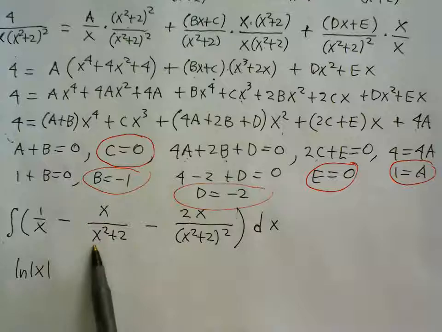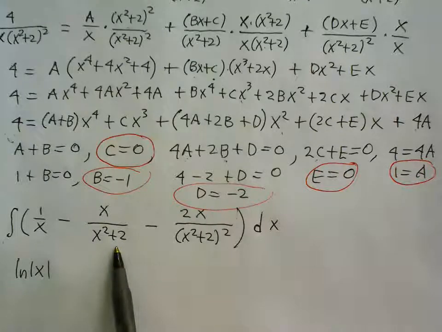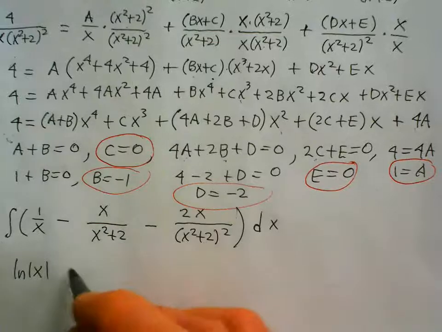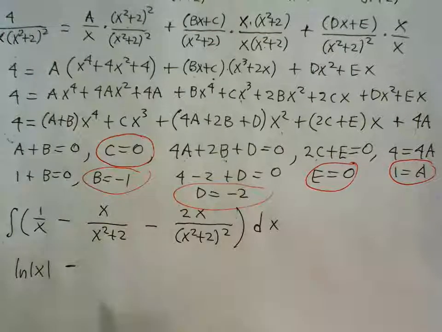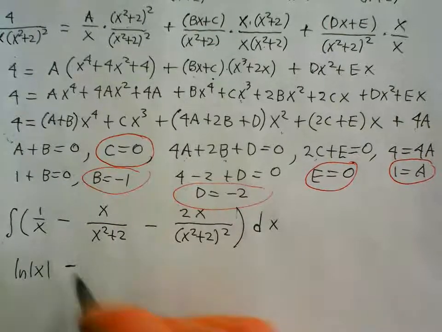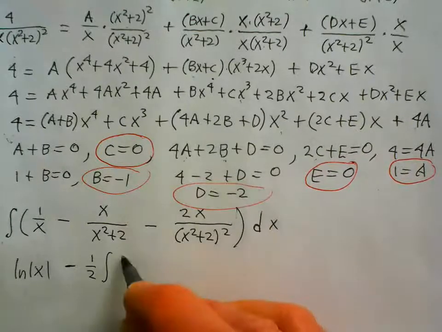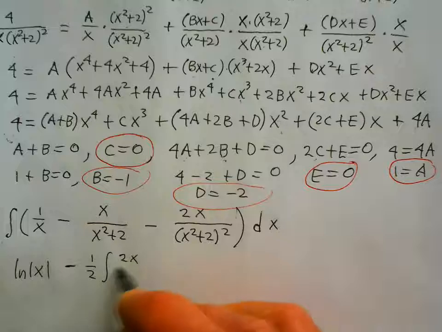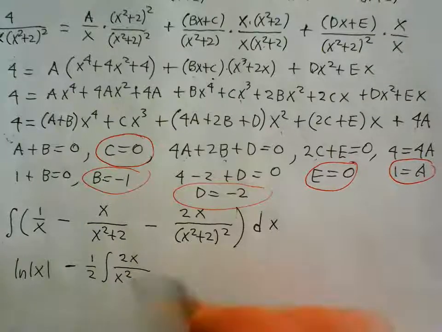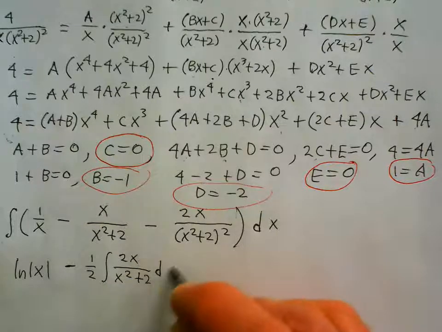If u is x squared plus 2, then du is 2x dx. So let's put in another step. I'll write this as minus 1/2 times the indefinite integral of 2x over x squared plus 2 dx.